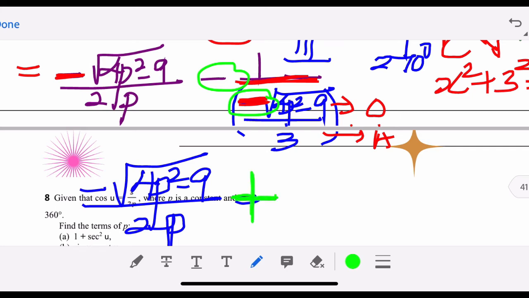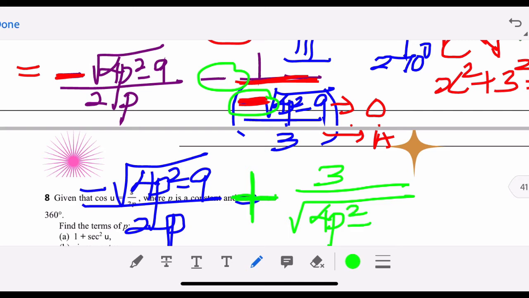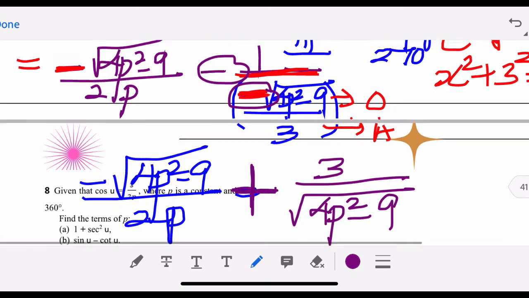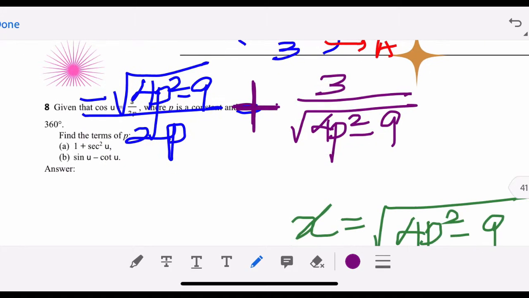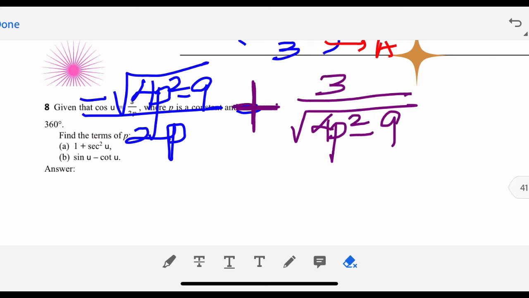Then you invert, it becomes 3 over square root of 4p squared minus 9. Make sure the sign is correct, because the sign will determine the answer.